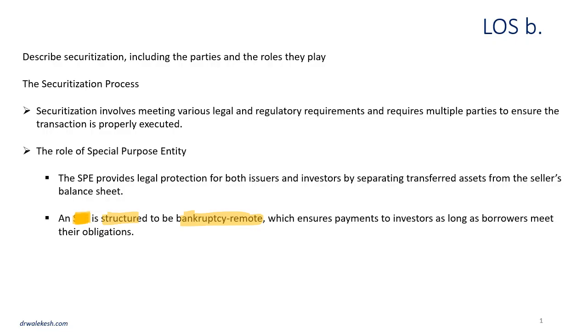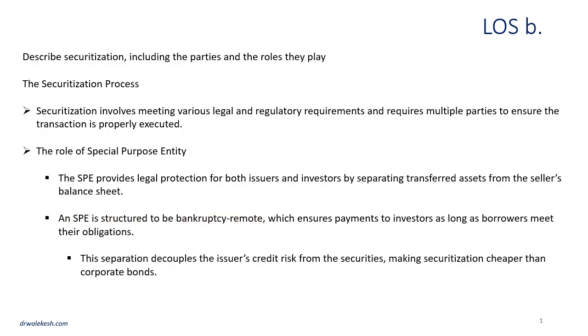So it is seen as a legal entity that is different from the bank. This separation decouples the issuer's credit risk from the securities, thus making securitization cheaper than corporate bonds.